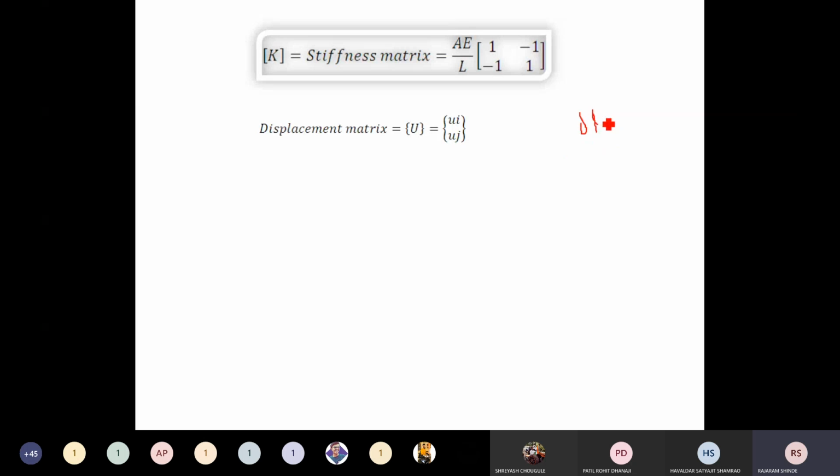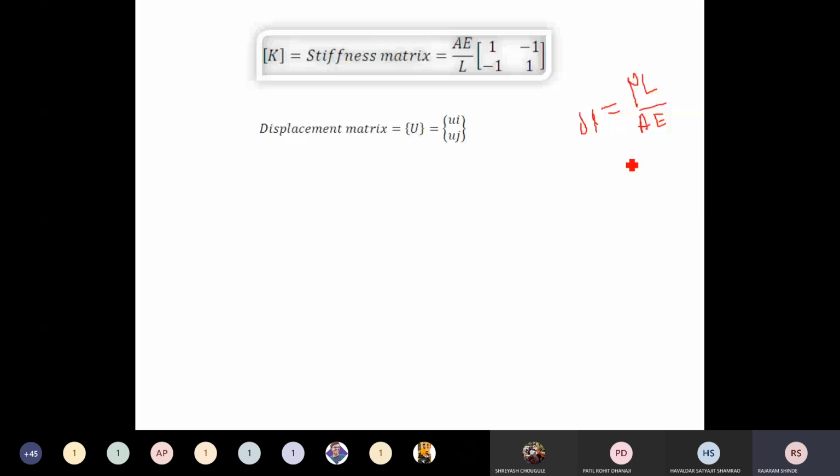If I write the deformation equation, it is PL by AE. Am I right? You have studied this equation in strength of materials. That is, delta L is equal to PL upon AE.